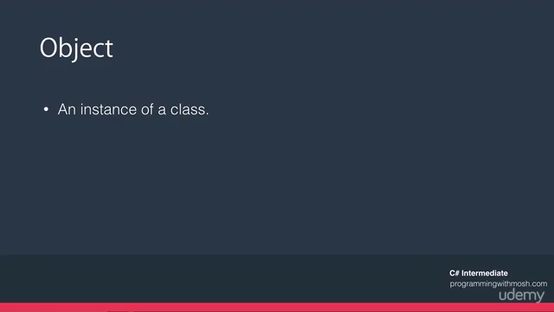A term that is often used with classes and sometimes used interchangeably is an object. But an object is fundamentally different from a class, yet a lot of developers, including myself, sometimes use the word object to refer to a class. But an object is essentially an instance of a class that resides in the memory.